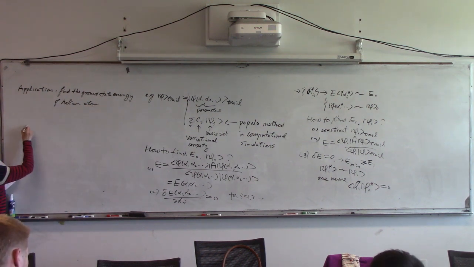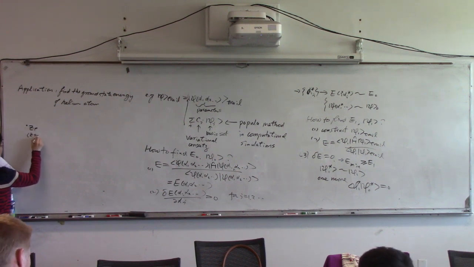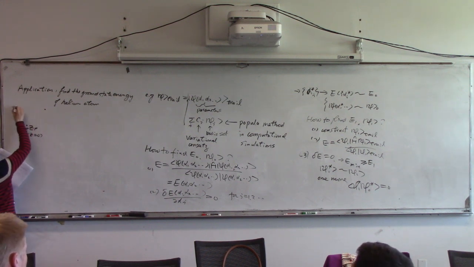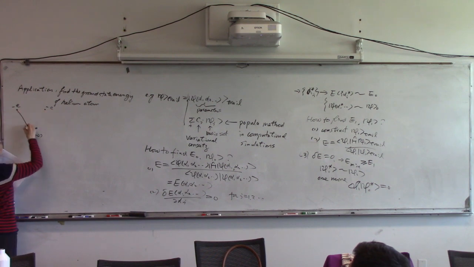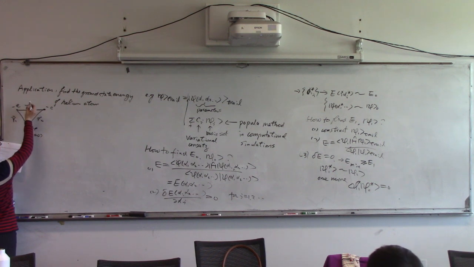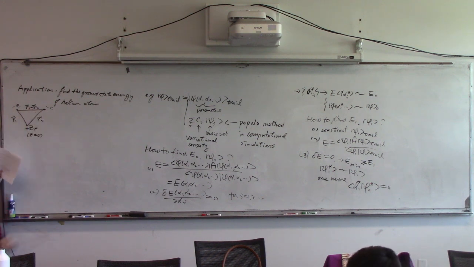So now let's consider helium first. For helium, I'm going to use Z, but Z equals 2, plus here, the nucleus. And then we have 2 electrons here. I'm going to say this is R1, this is R2, and this difference is R2 minus R1, whatever the direction, but that is the picture.